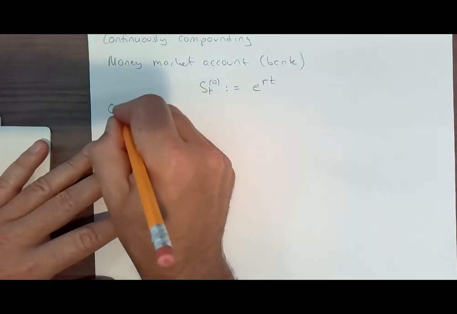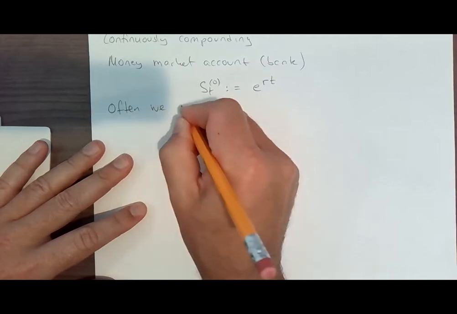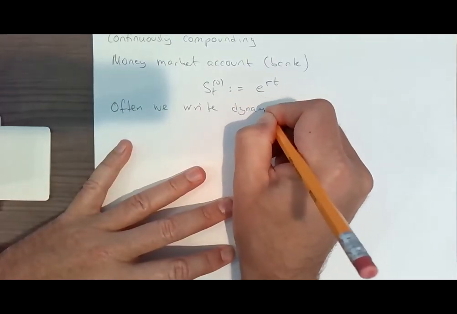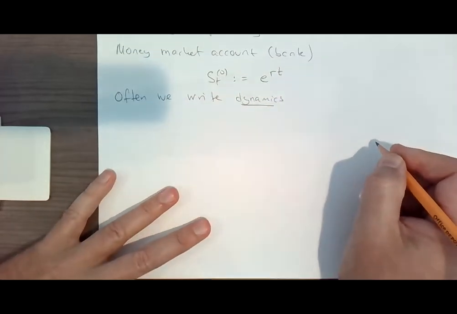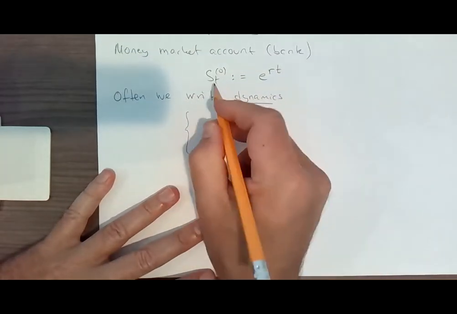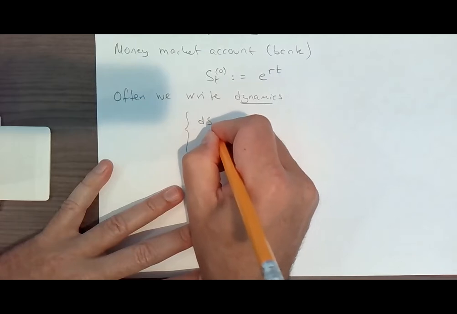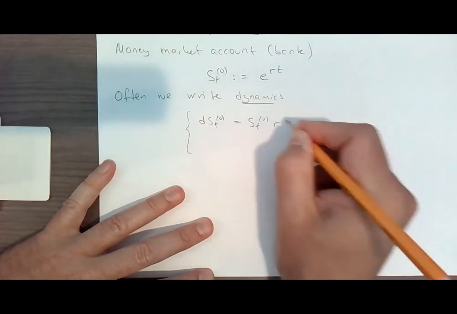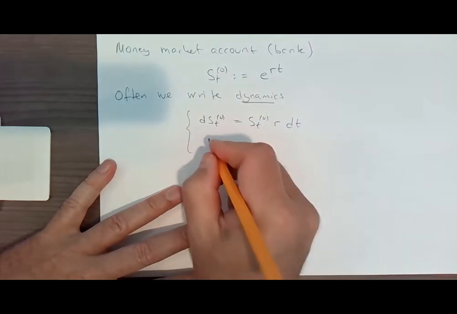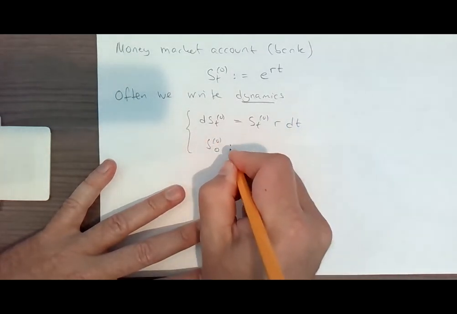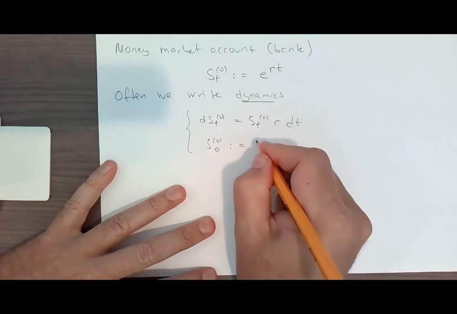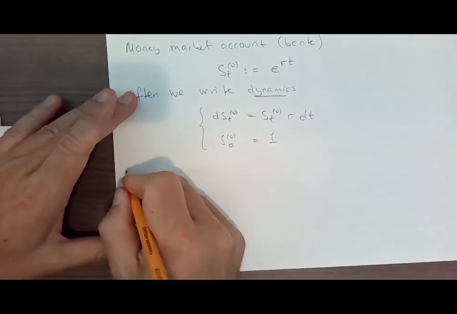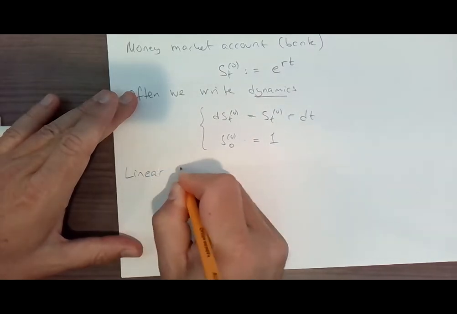And often we write, and here's a new word for you guys, dynamics. What that means is, if you take a derivative, you write dS_t is equal to S_t times R dt. And then we take the starting point. We already talked about that the starting point would be 1. So what you're seeing here is like an ODE, a linear ODE.